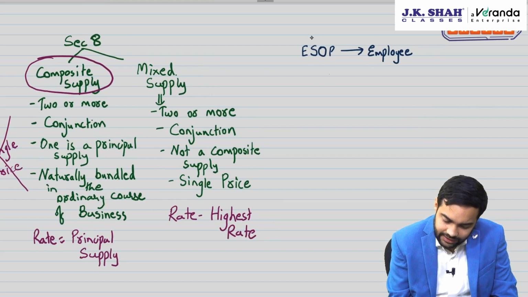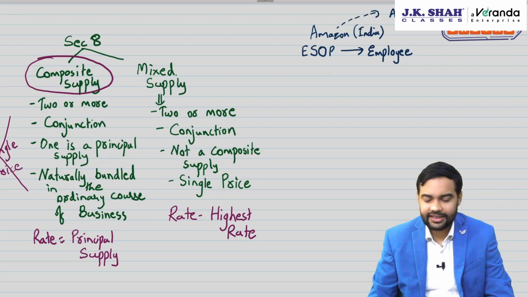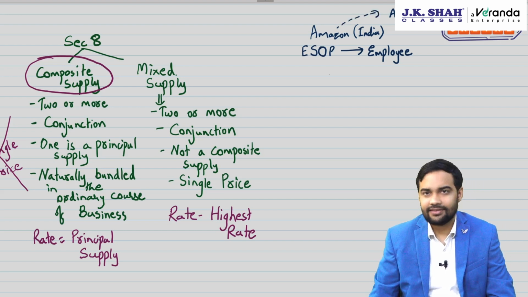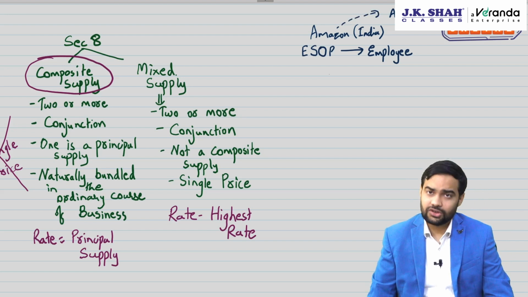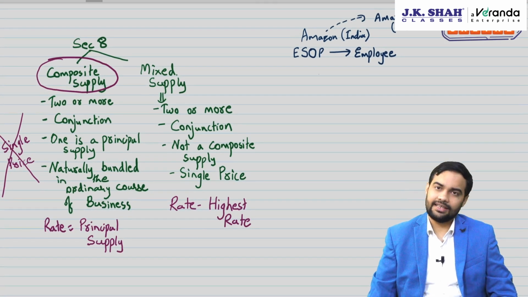Amazon India is the employer, but it will give the ESOPs of Amazon US. Now whether these ESOPs will be liable, and what about the money which Amazon India is paying to Amazon US? That will also not be liable if it is on a cost to cost basis. If Amazon US is charging a premium, then in that case it will be liable to GST.